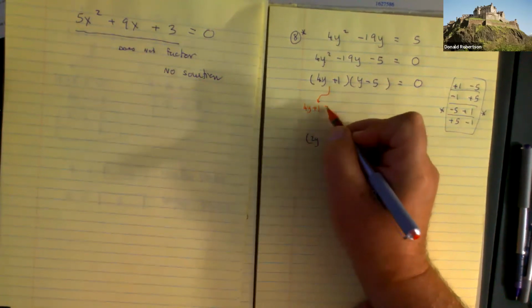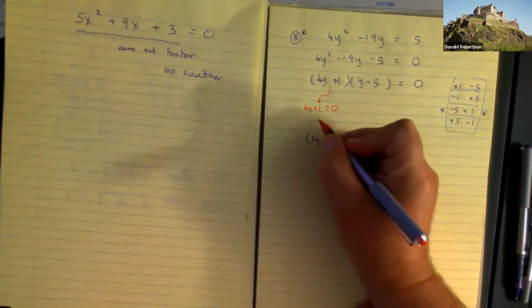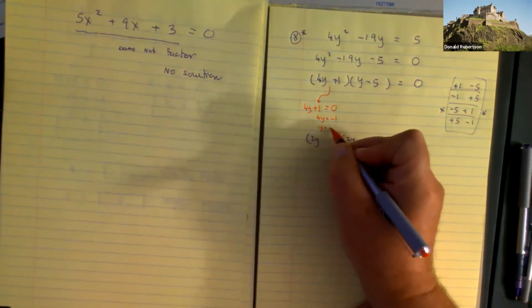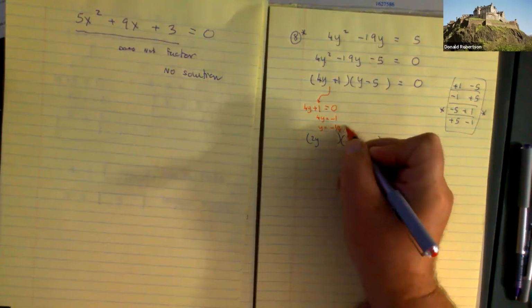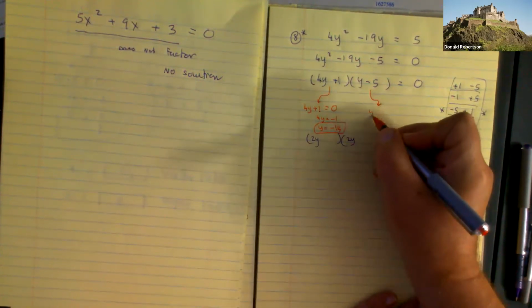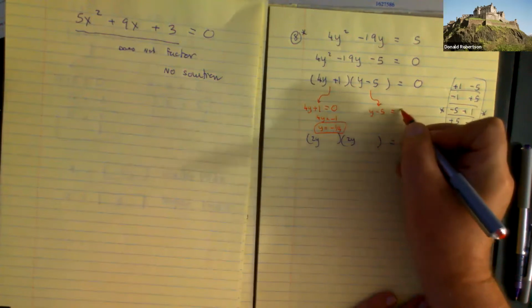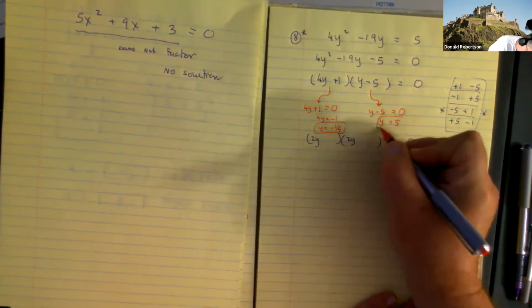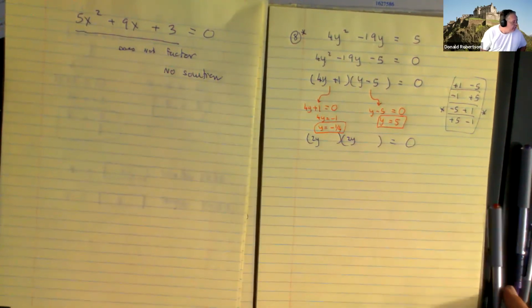You take this factor and make it 0. You subtract 1 from both sides, and then you can divide both sides by 4. And here is one of your solutions. And this one here, you take this factor and you find out what makes it equal to 0. If you add 5 to both sides, you'll be able to find that out. And there's your second solution. And we are done.